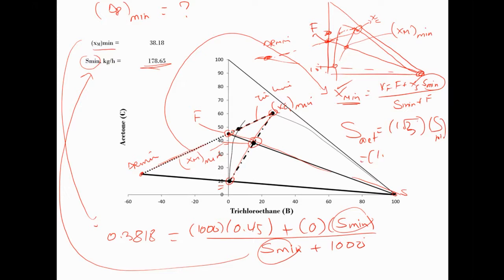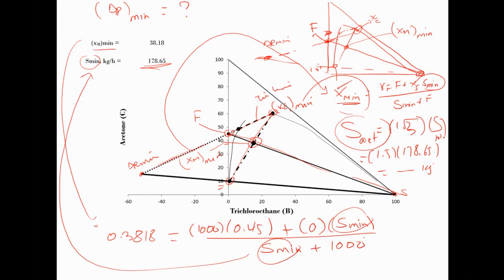So now if I say 1.5 multiplied by this 178.65, you will find some number of kilograms. You will use this one. Now you will use this one to determine what now? You have to do backward calculation so you can get XM now.